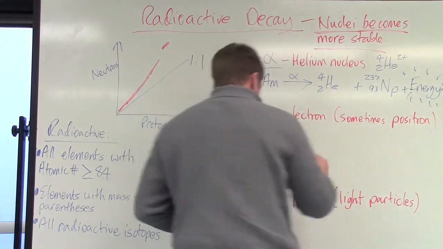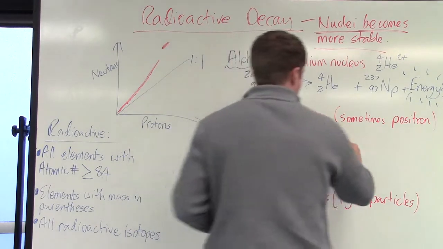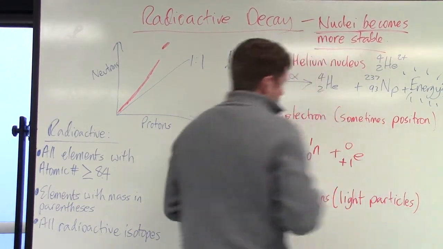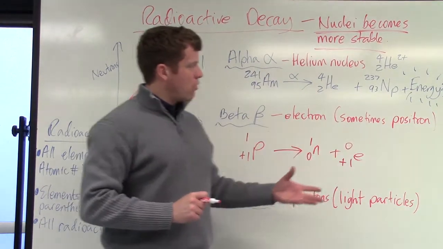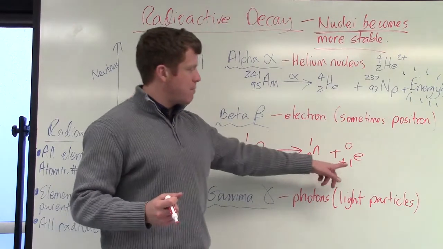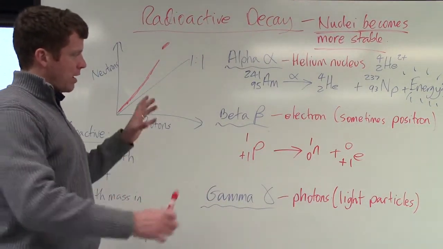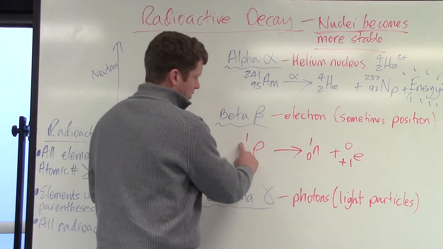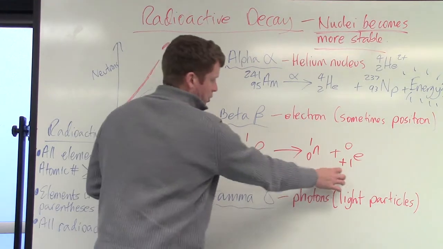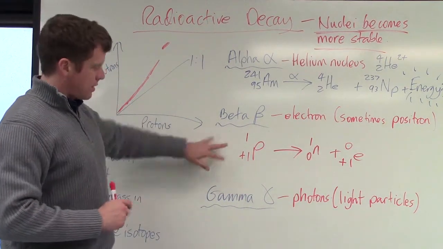And that changes into a neutron, which is going to stay in the nucleus, and a positron. It's also called an antimatter electron. It's basically an electron that has the same mass but a different charge. So again, we can double check our balancing here. Mass of 1, 1 plus 0 is 1, obviously, +1, +1. So this happens inside the nucleus.